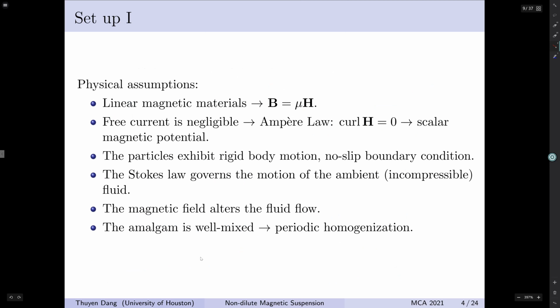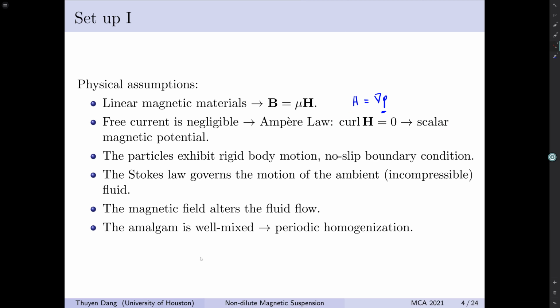The second assumption is that the free current is negligible. So by Ampere's law, you have curl H equal to 0, and so you can write H as the gradient of some scalar magnetic potential phi. We will use this scalar magnetic potential in our equations later.